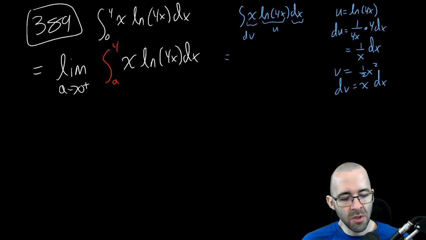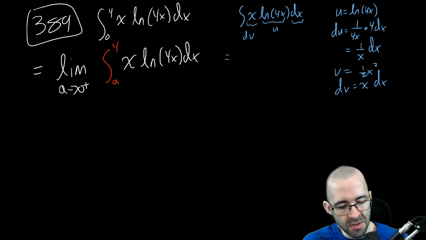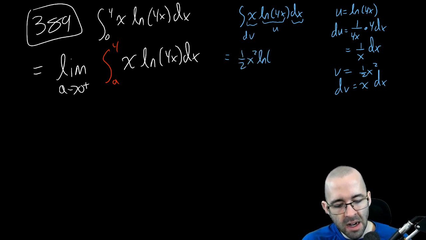So the integral of u dv is u times v, which is 1/2 x squared ln of 4x, minus the integral of v du, 1/2 x squared times 1 over x dx.